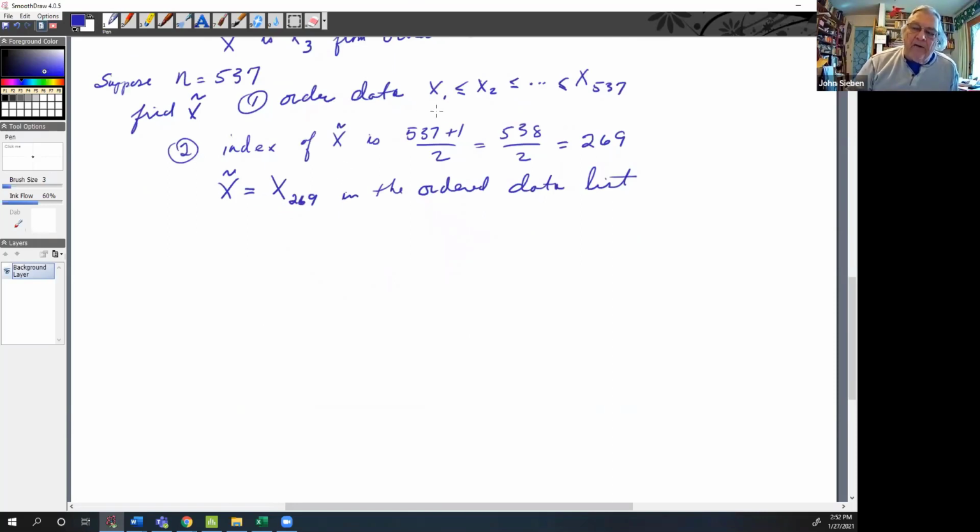If you were doing this by hand, of course, the tedious part would be ordering these things. But if you've got a big data set, you don't order them by hand. You'll use a machine to order those for you. And Minitab will order a set of data for us in the blink of an eye.